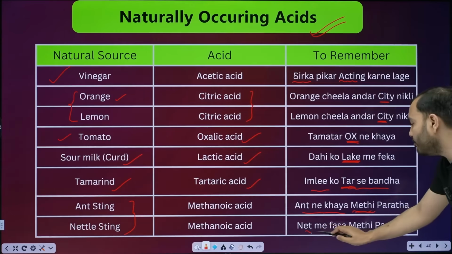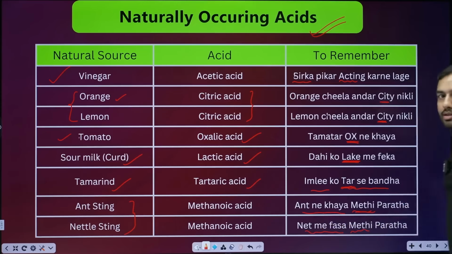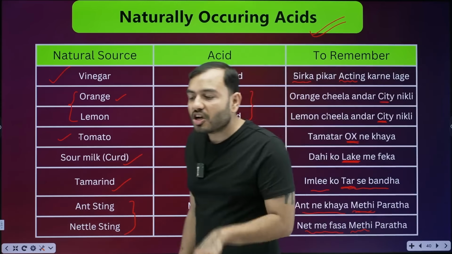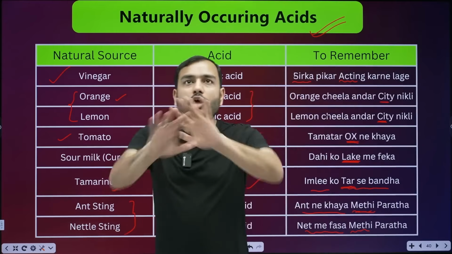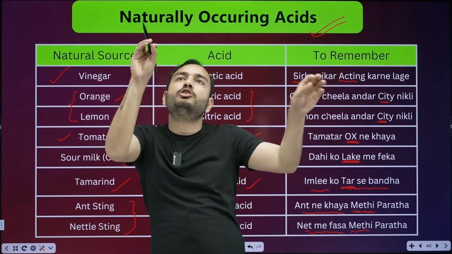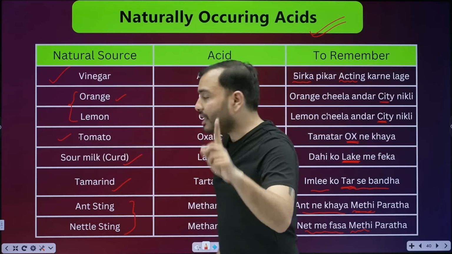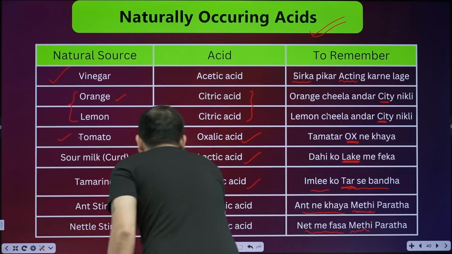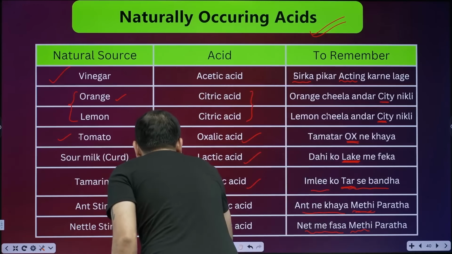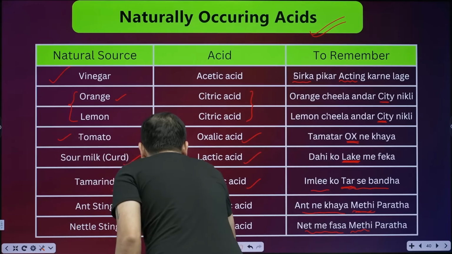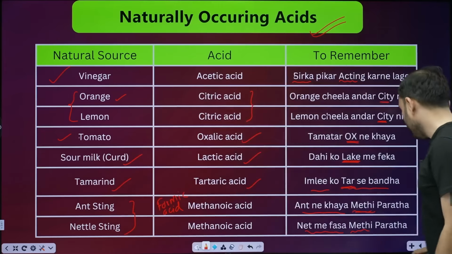There is a big net, a jali, and a methi paratha is stuck in it. Methanoic acid is also known as formic acid. You must remember it and not get confused in the examination.